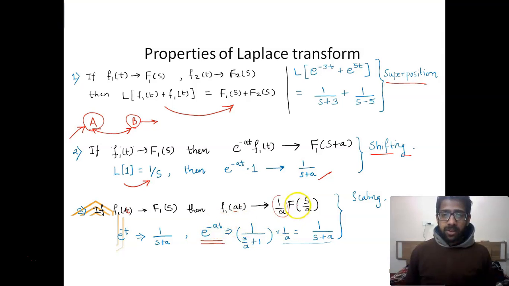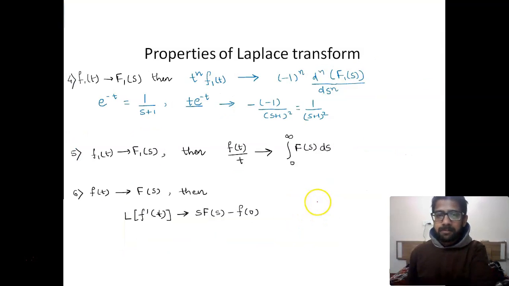Using this property, we use the same function, and every s is going to change as s upon a, and the whole function is going to be multiplied by 1 upon a. This actually gives you 1 upon s plus a. So this is the third property, which is known as the scaling property.